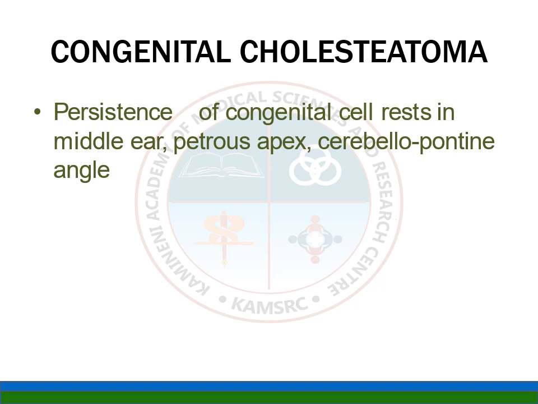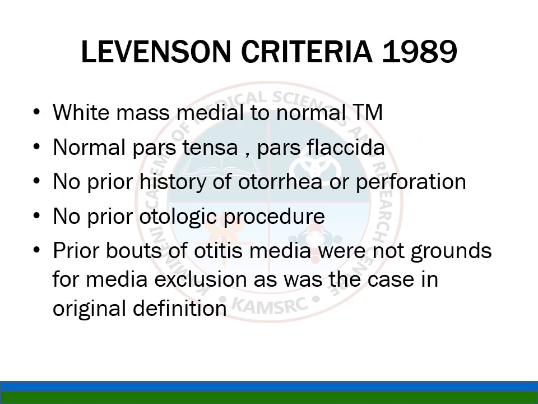There is one criteria called Levenson criteria, which explains congenital cholesteatoma. The criteria are: a white mass medial to a normal tympanic membrane, with normal pars tensa and pars flaccida; no prior history of discharge from the ear; no perforation; and fourth, no prior otologic procedure.